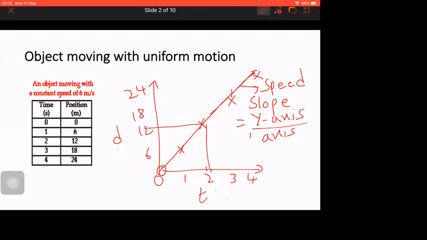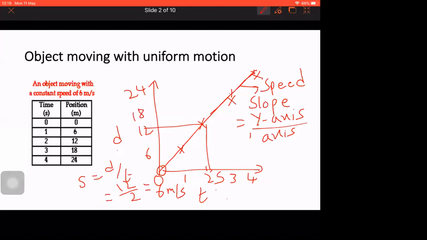At 2 seconds, what is the speed of the vehicle? 6 meters per second. Speed is equal to distance by time. I have given you time, 2 seconds. Distance is 12, so 12 by 2, 6 meters per second.